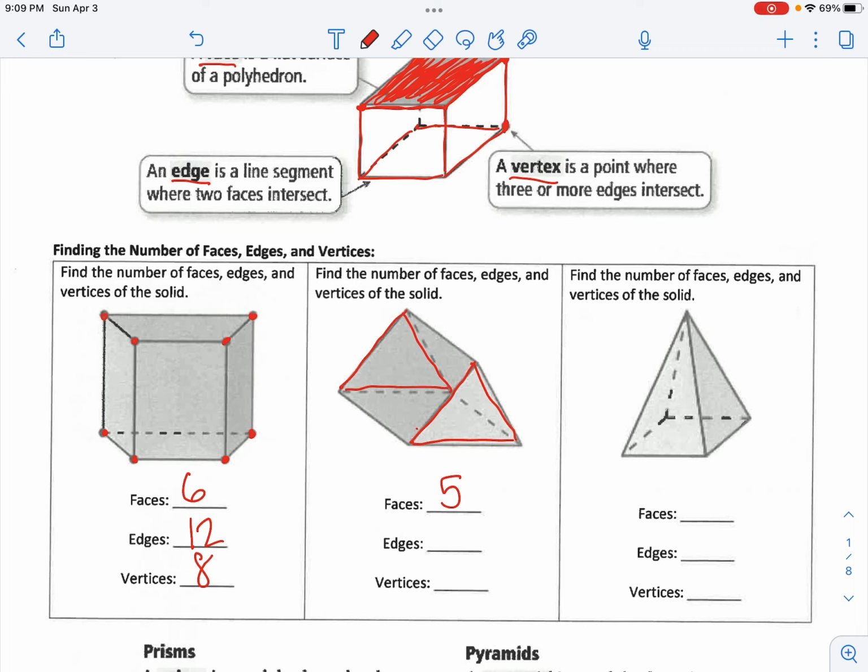And then I have 7 and 8. So I have 8 edges. And then for vertices, I'm going to find where my edges meet up. So that's 1, 2, 3, 4, 5, and 6. So I have 6 vertices.